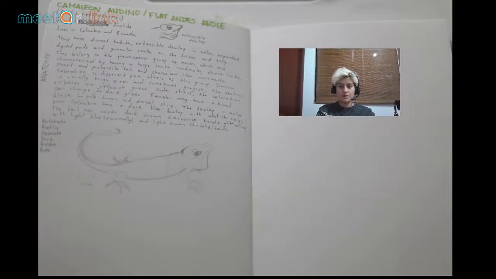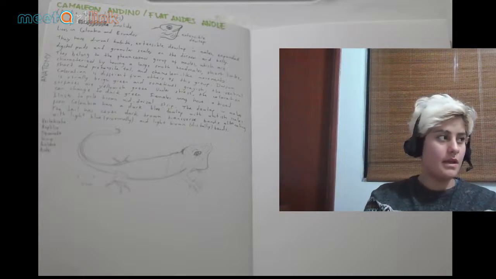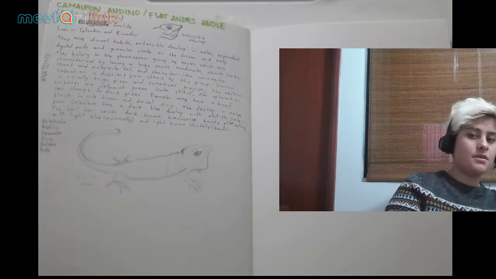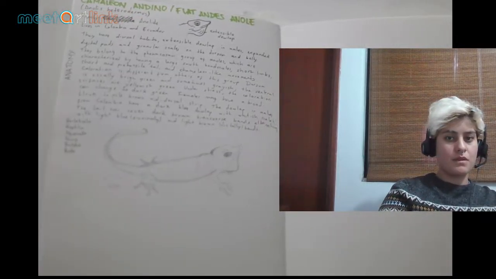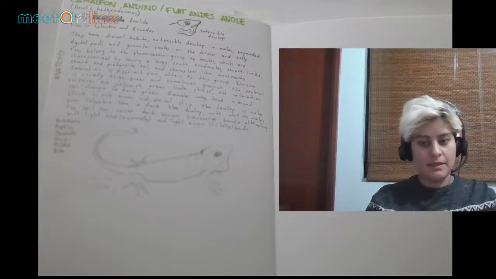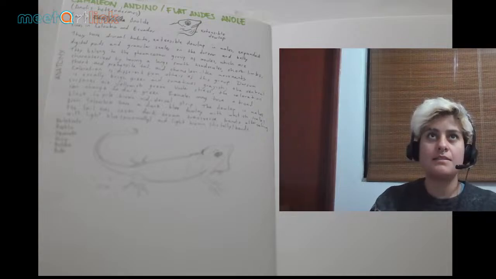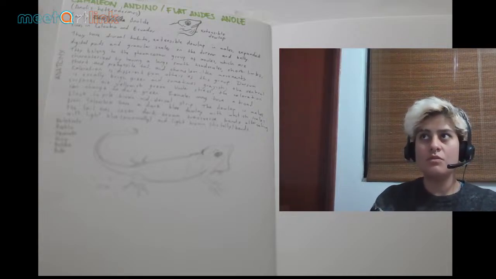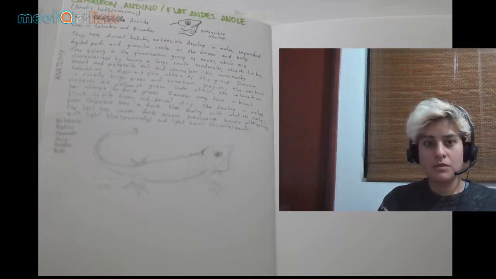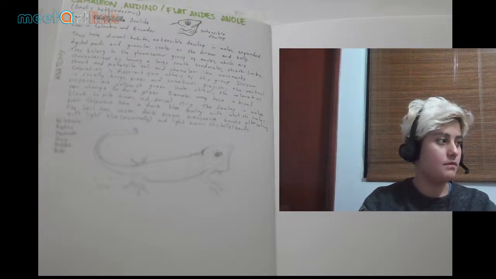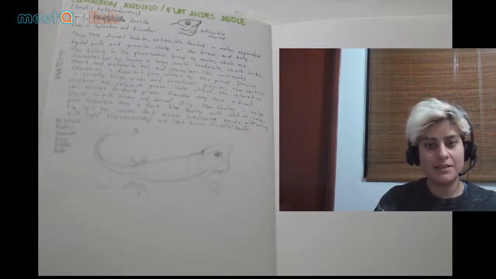So yeah, this is my species. It's an Andean chameleon. And for me, it was very exciting to go for this species, as I was telling you in previous classes. I'm more used to drawing birds and more used to drawing mammals. So going for a reptilian is quite exciting.